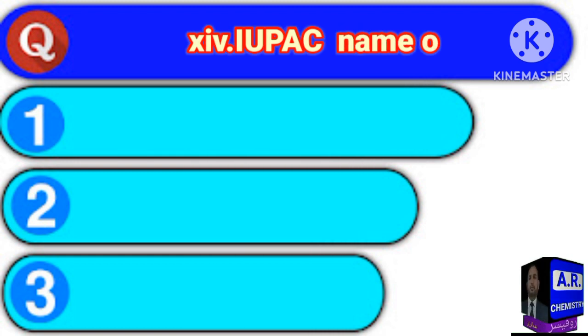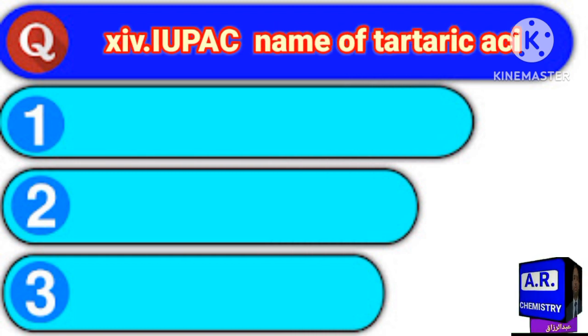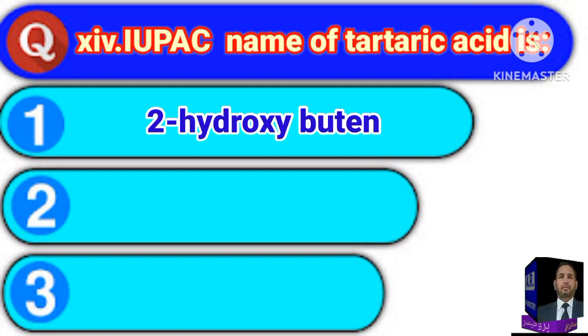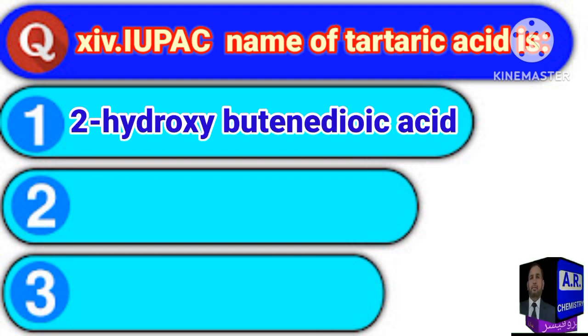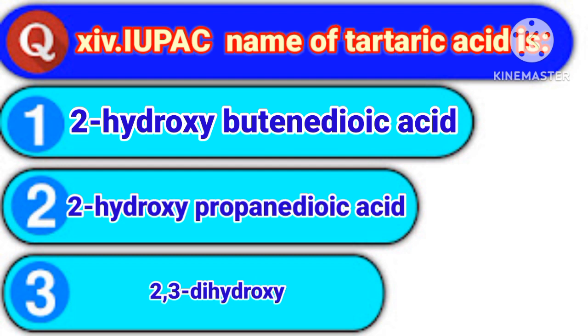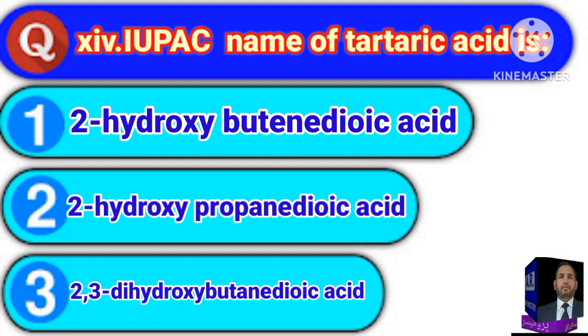Next, question number 14. IUPAC name of tartaric acid is number 1 2-hydroxybutene dioic acid, number 2 2-hydroxypropane dioic acid, number 3 2,3-dihydroxybutane dioic acid.